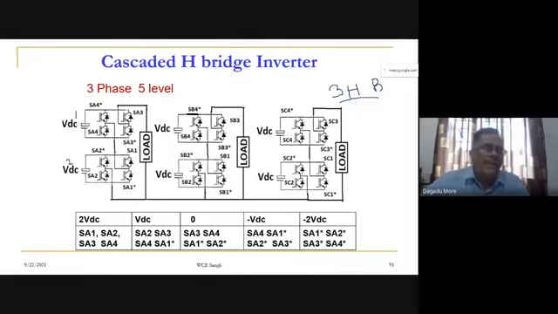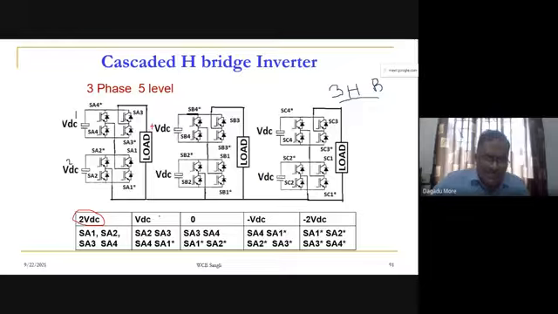They are added together and come across the load, so the level will be equal to a twice VDC. That is one level for the 5 level. With respect to neutral, this comes out positive, so we say that we get a plus 2 VDC.